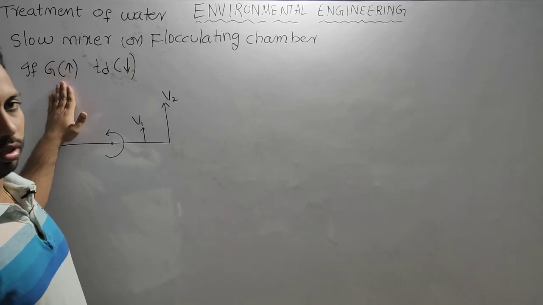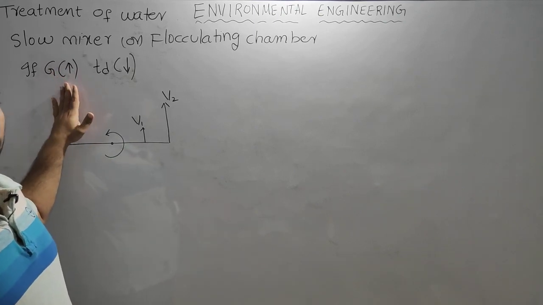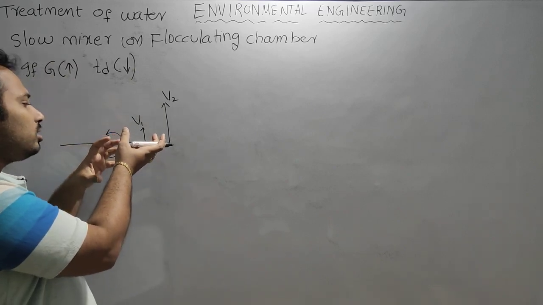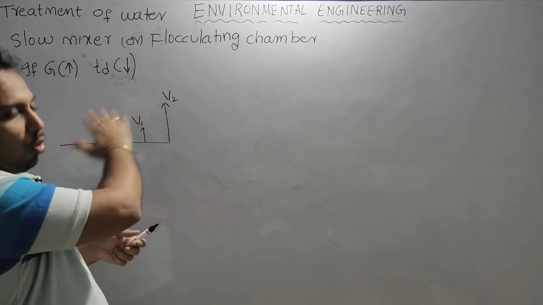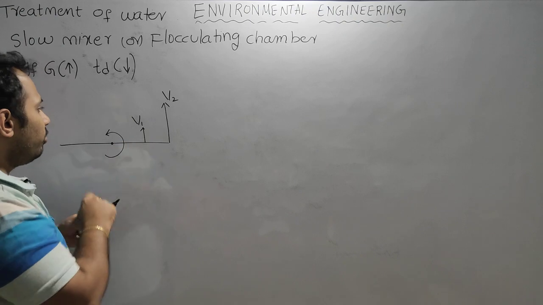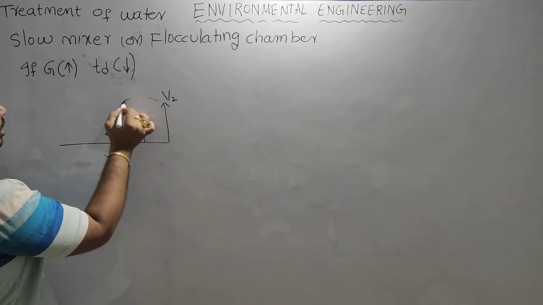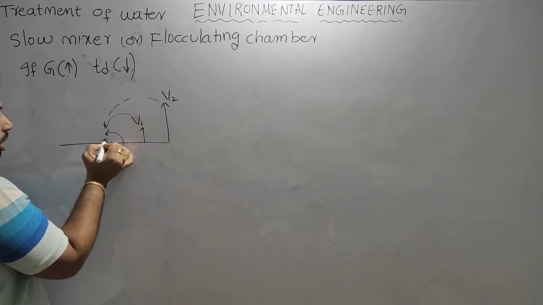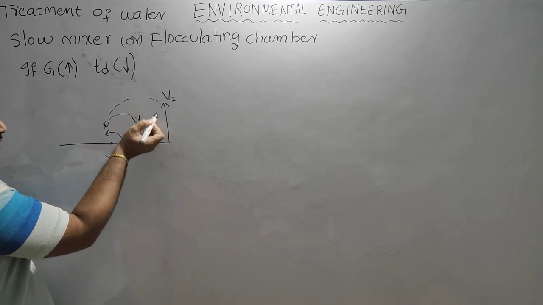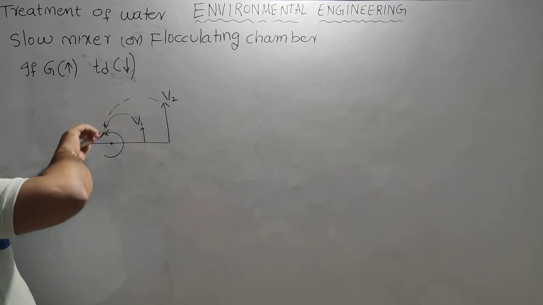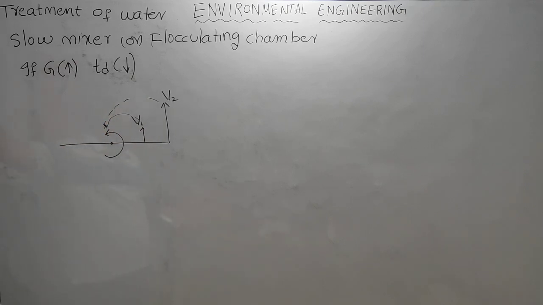When G is more, it means these particles are being forced more. Because of which, what happens? This particle will come here, this particle also will come here. All the obstacles, all the particles will arrive towards the center.